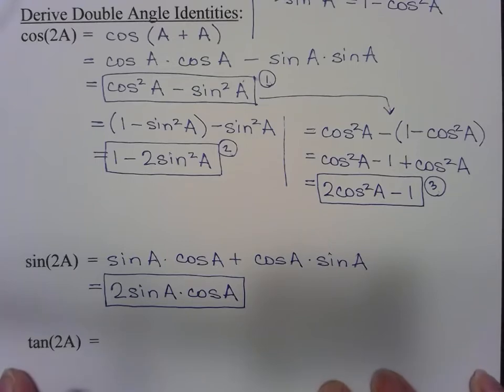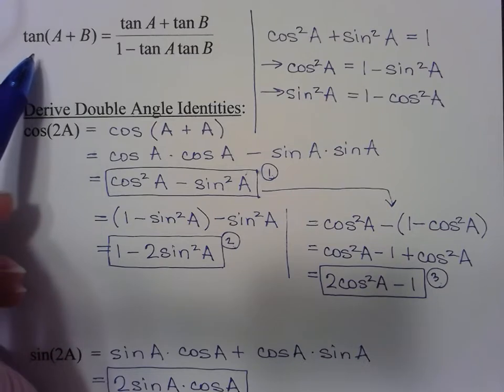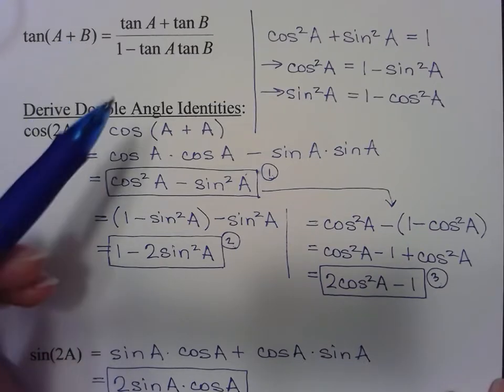We can do the same thing for the tangent. So again, I'm going to go back to the sum formula and then put in A for both angles.